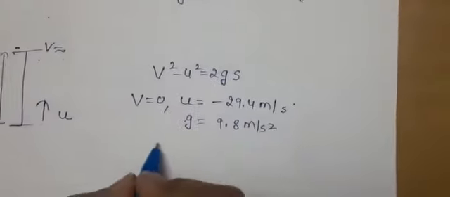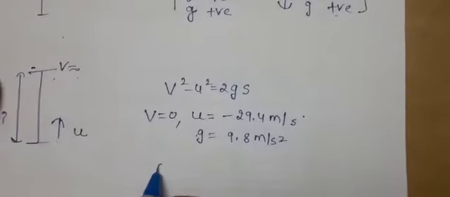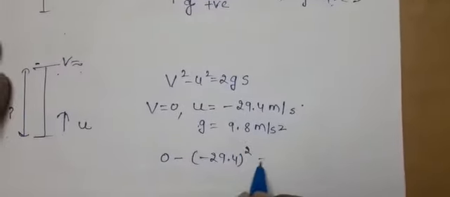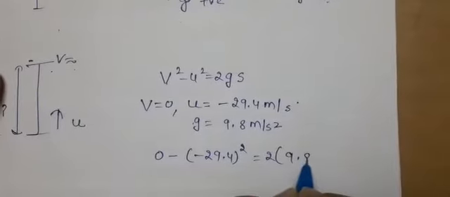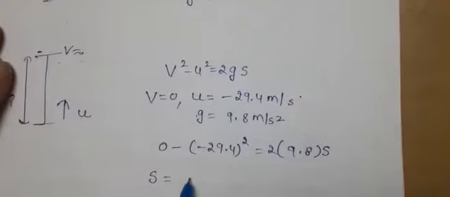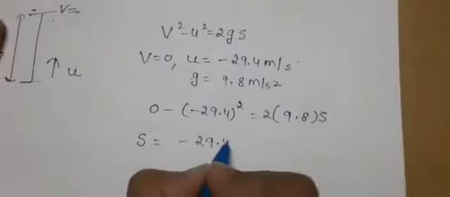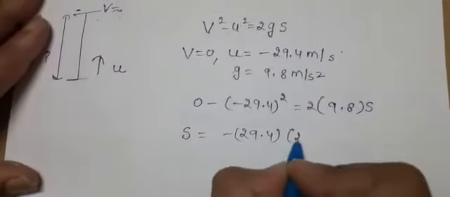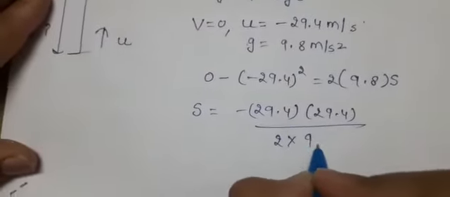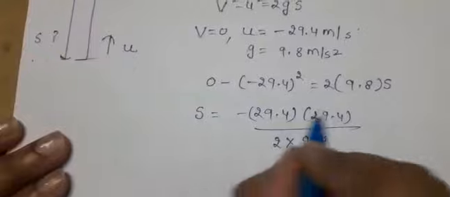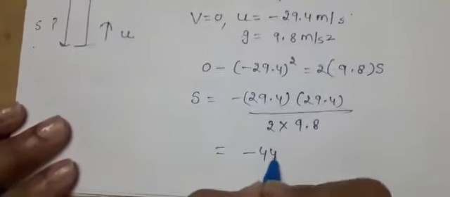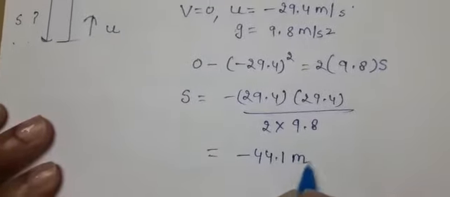Now as per this convention, you have to calculate distance covered: 0 minus 29.4 square equals 2 into 9.8 into s. So here s comes out to be, as square of negative will remain positive, divided by 2 into 9.8, and when you do all the calculations, it will come out to be minus 44.1 meter.